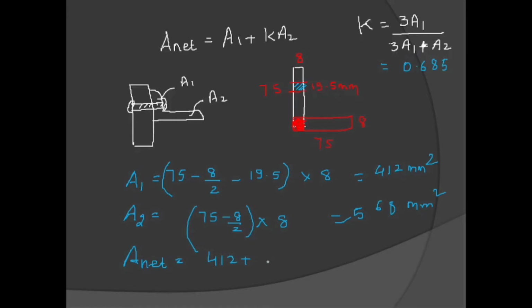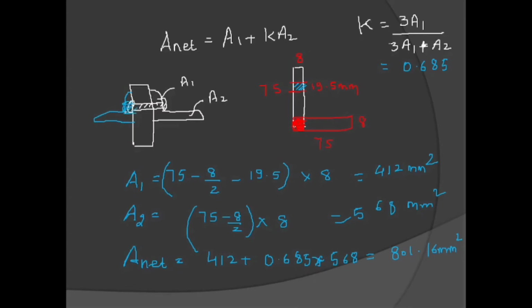So A net is equal to 412 plus 0.685 into 568, which is 801.16 mm square. Please be careful, this is the area of one angle section, but the tie member acts with the help of two angle sections.